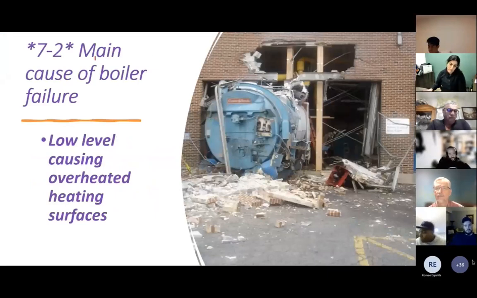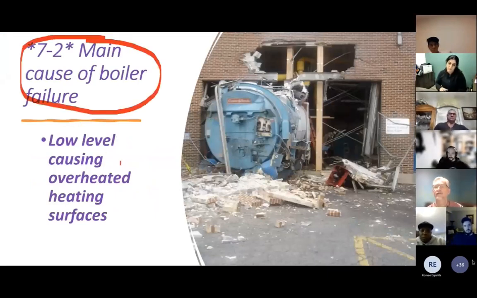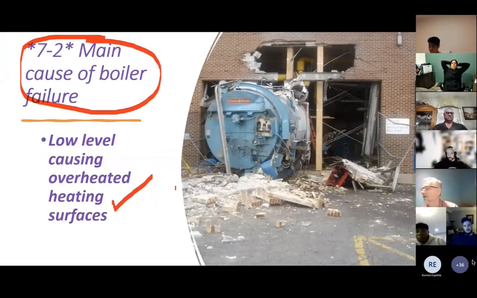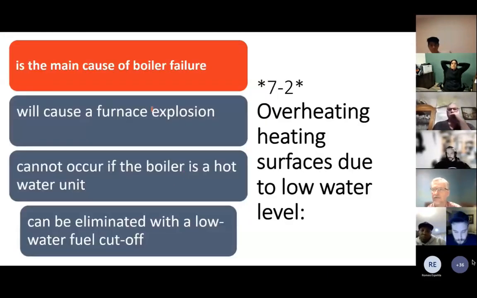Main cause of boiler failure, low level causing overheated heating surface. So we're going to look at a different kind of boiler failure, but I want you to get this one kind of stuck in your head, and then we'll look at some other things in other chapters.